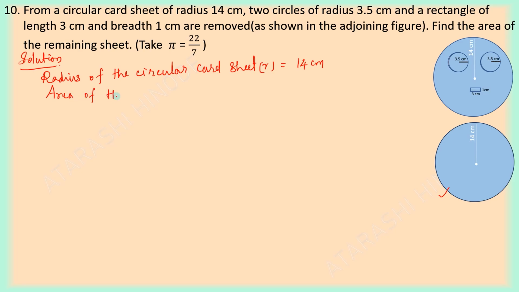Area of the circular card sheet is equal to, since it is a circle, the formula is pi r square.